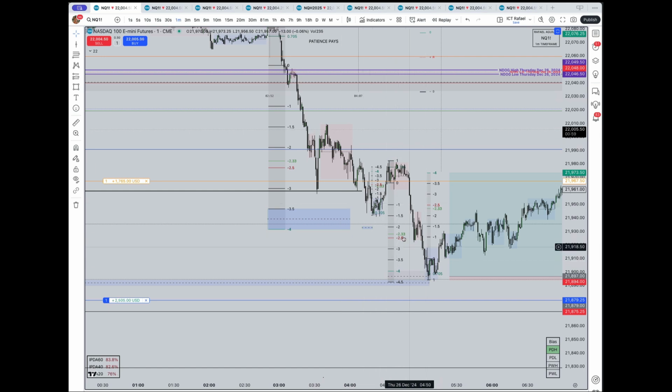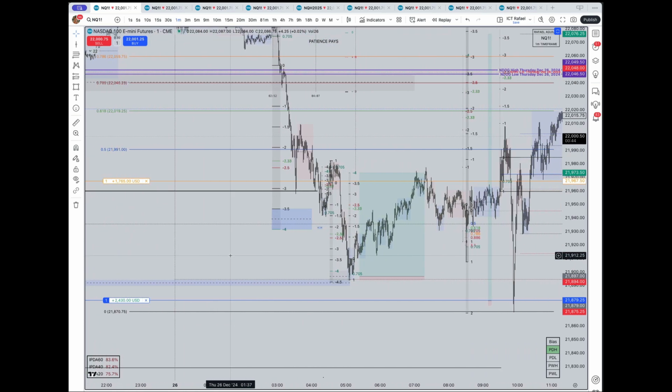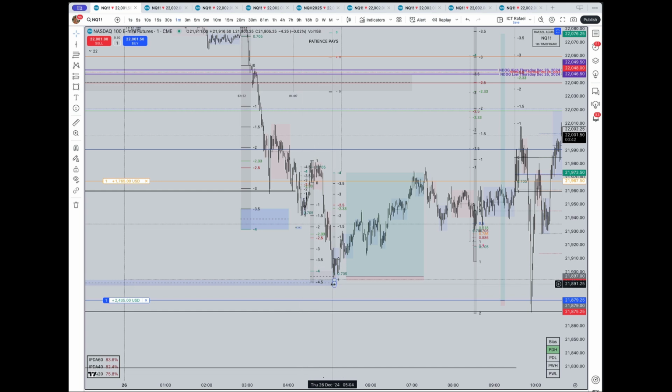So confluence 1, three drives pattern. Confluence 2, 4 to 4.5 of this swing high. Confluence 3, a zone that I know is very powerful on the opening range. Confluence 4, time 4:06, reversal time for London.